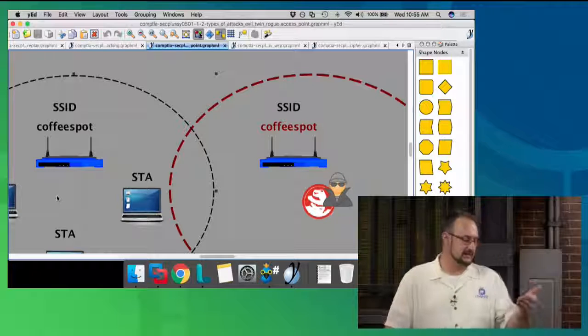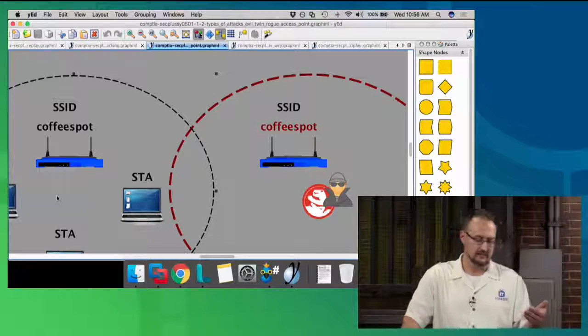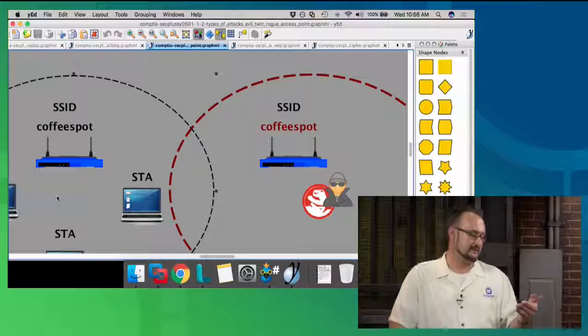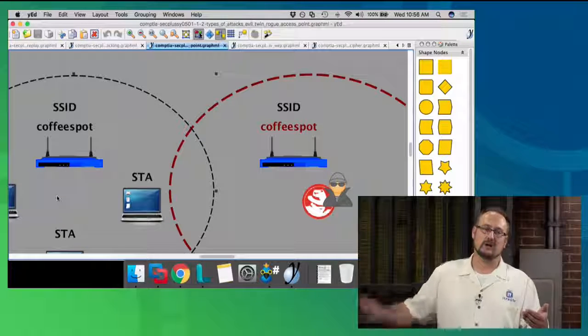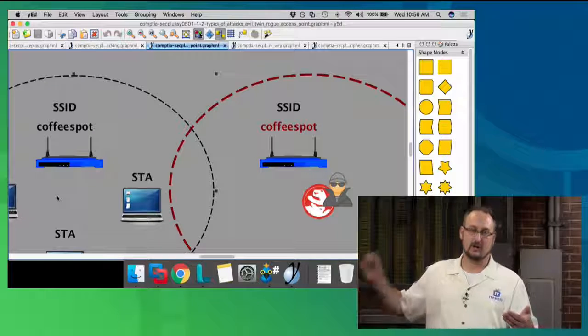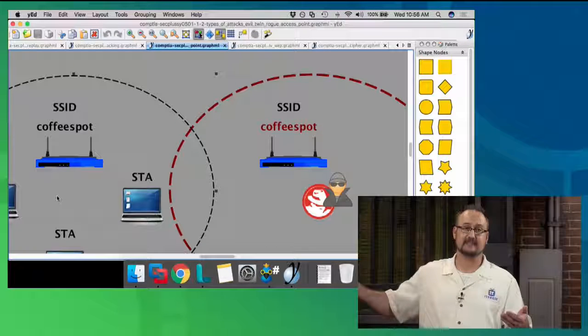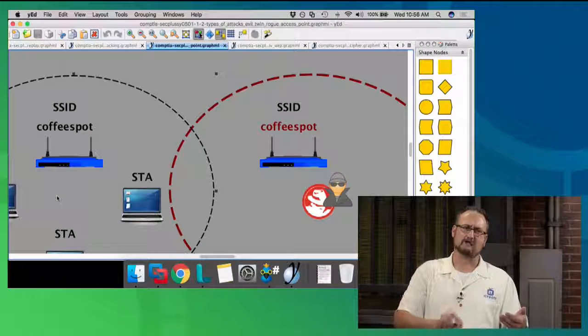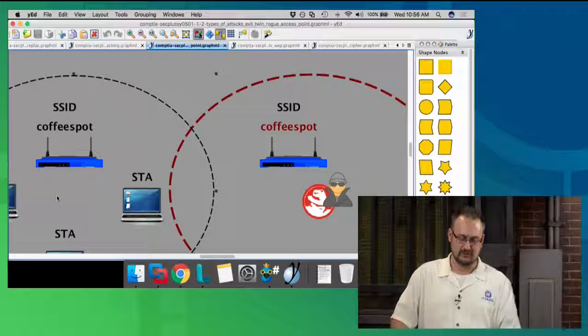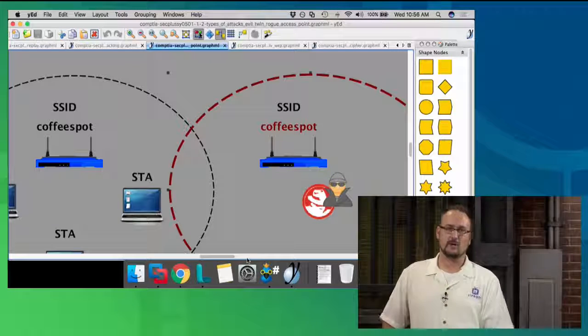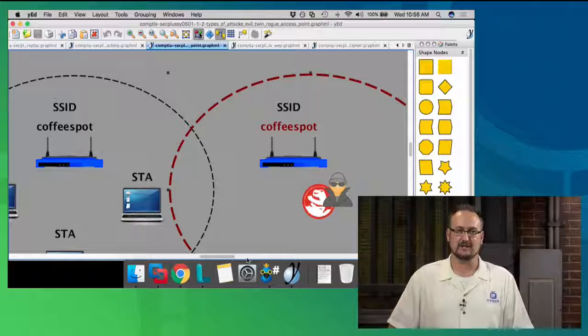So when you look at that list, you say, oh, I got two, coffee spot, coffee spot. I don't really want to go in and ask the person at the desk or the coffee shop attendant, what's your Wi-Fi password, right? I can see that this one over here says it's open. So it's going to make it a lot easier, right? Convenience for me, and I'll just connect to it.